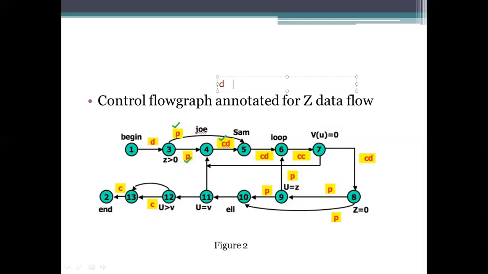And we have c and d at 5, meaning here 5 to 6. So this is the definition and this is the definition. Before the definition, before redefining, we used the earlier definition. So the definition which has been redefined has been used successfully.